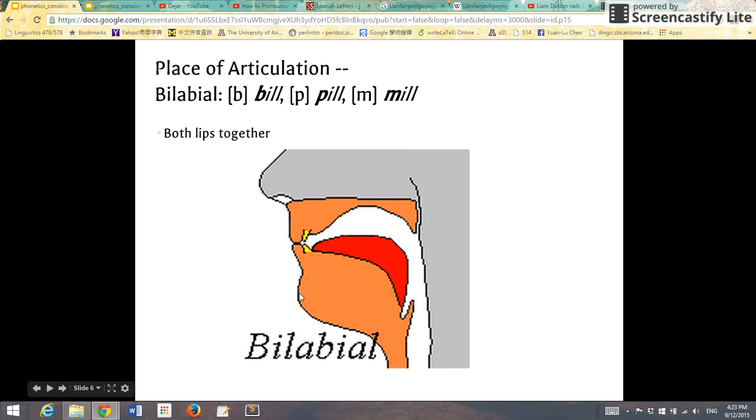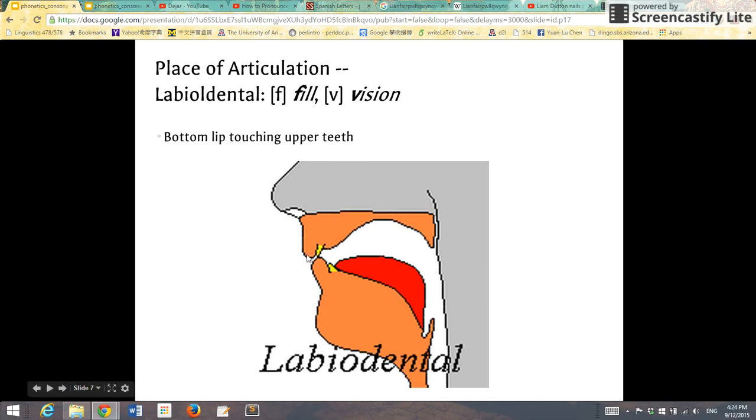Okay, I think we can go through the places of articulation one by one. So we have bilabial, which is using your lips. And the examples are here. We have bill, pill, and meal, both lips together. So the articulator would be like this. Okay, bilabial, both lips. And labiodental, bottom lip and upper teeth.